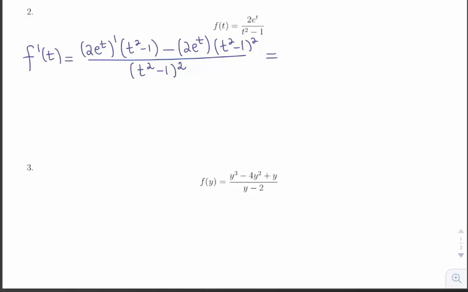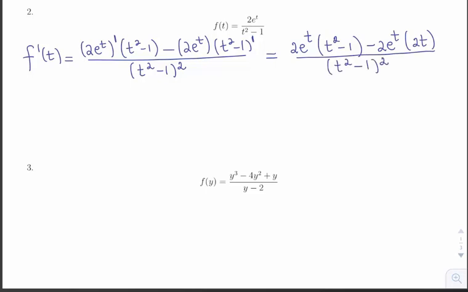2e to the t prime, that's just 2e to the t, times t squared minus 1, that doesn't change, minus 2e to the t times what? The derivative of t squared minus 1. Oops, I made a typo here. This should be prime, not squared. So the derivative of t squared minus 1, that would be 2t, over t squared minus 1 squared.